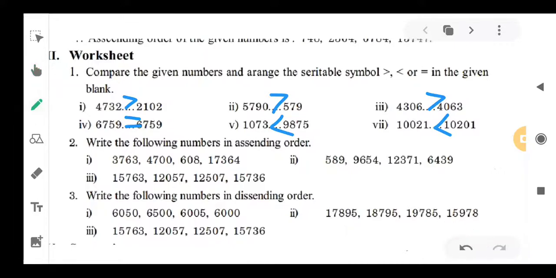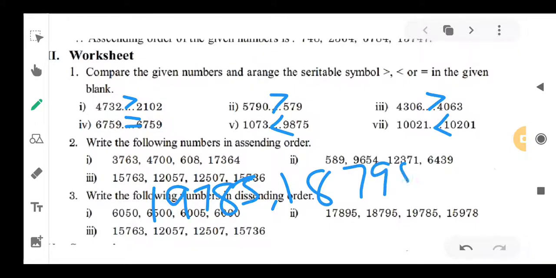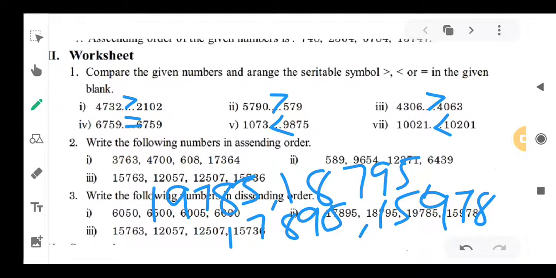So in first place you have to write 19,785, after that you have to write 18,795, after that you have to write 7,895, at last you have to write 15,978. So this is the descending order for second problem.